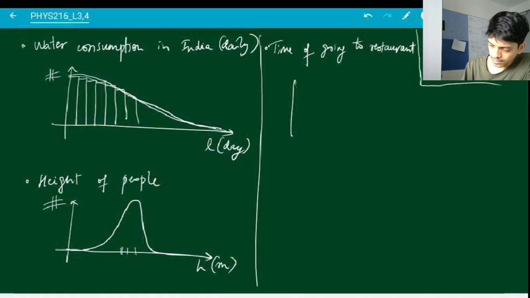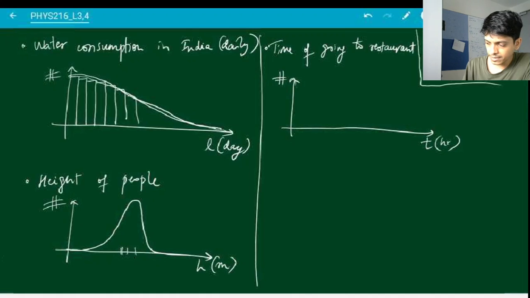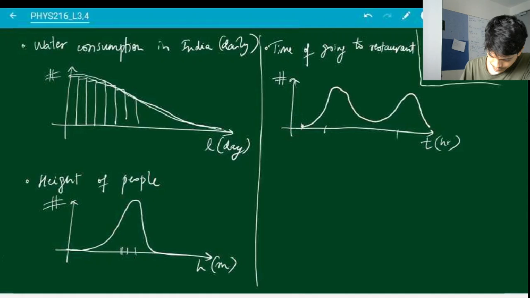If you ask a particular restaurant at what time people mostly go to the restaurant, they will say that most people come around lunchtime and around dinner time. So their distribution might look something like this. Let's say they open sometime in the morning and there's almost no one until lunch. Then it slows down. Then again, people will come around dinner. Then they close. So their distribution might look something like this.